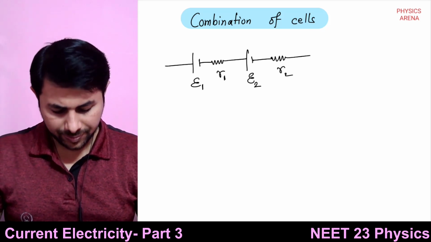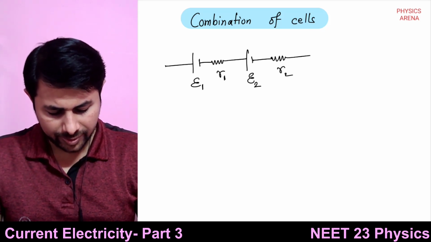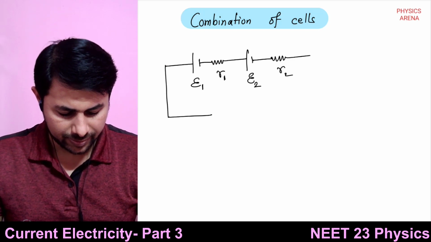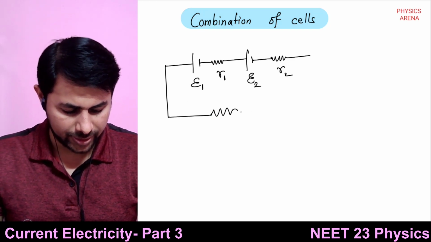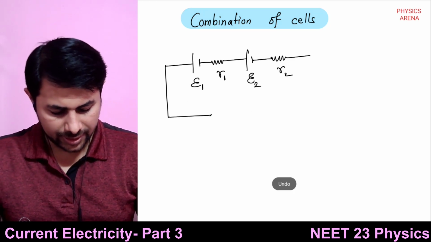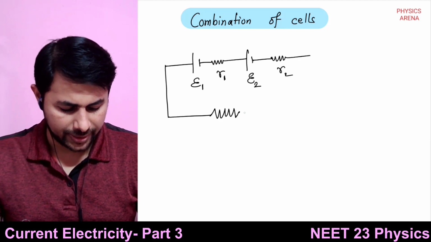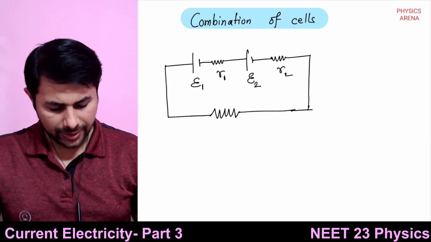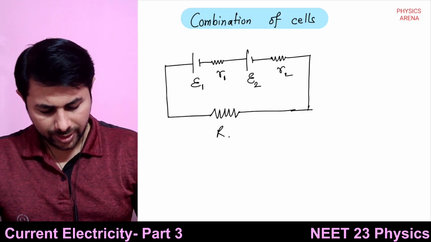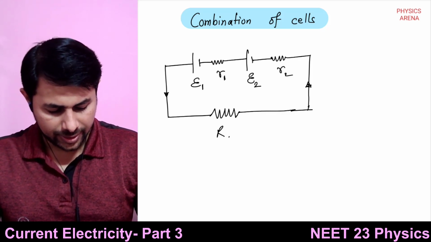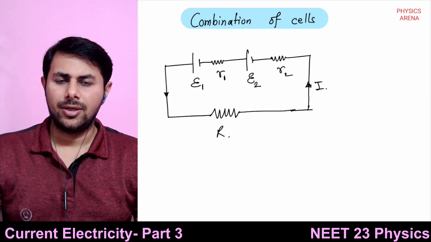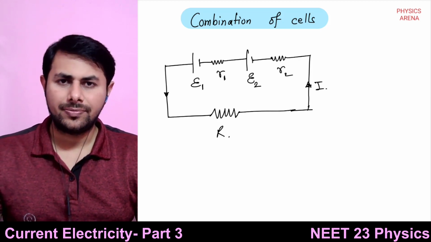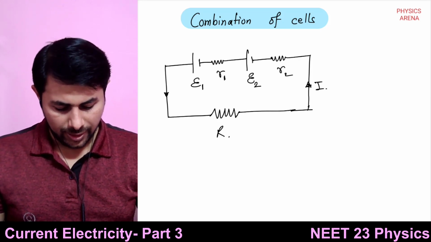For that, we can connect them to some external resistance. Suppose this is the external resistance, R, for understanding. The current flowing through this circuit is suppose I. How can we find I?